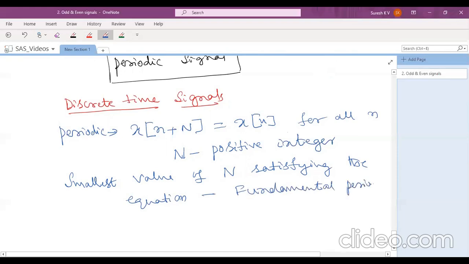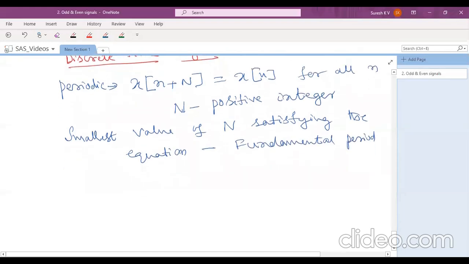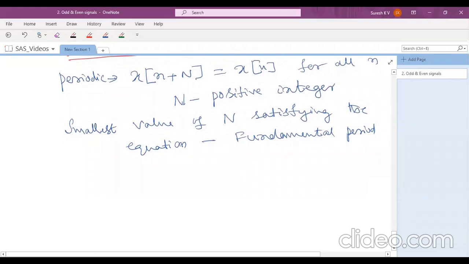Here again we define a frequency called angular frequency, which is designated as omega.